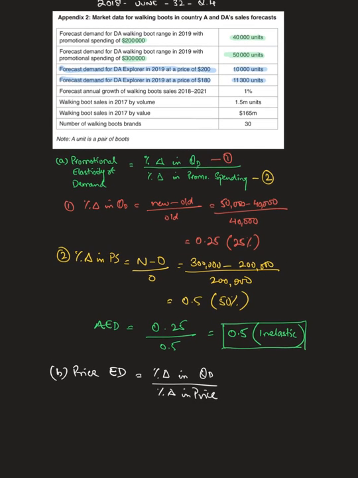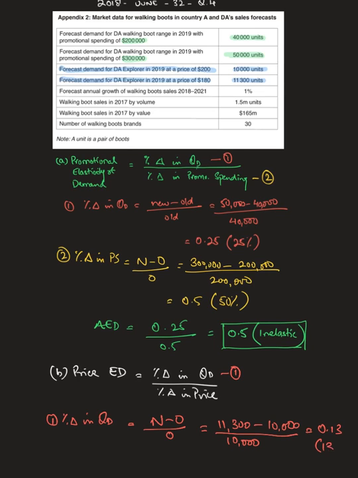So as always, you first need to find the percentage change in quantity demanded, which is again new minus old divided by old. The new quantity demanded is 11,300 minus 10,000, divided by 10,000.